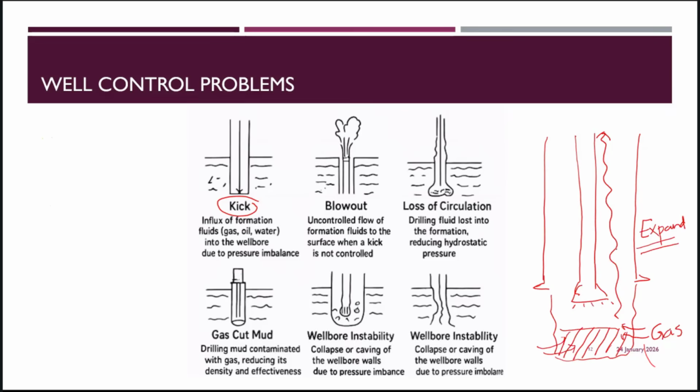So when it comes to surface, it is in such a big volume, it has expanded, and if you don't control it, it will lead to the situation called a blowout. So the main thing is the kick, but a kick should be manageable. If you get formation fluid inside the well and you can manage it properly, if you can circulate out the kick, well and good. But if you are unable to close the well on time and unable to circulate it out, then it can lead to a blowout.